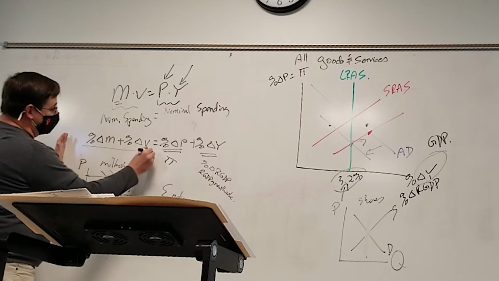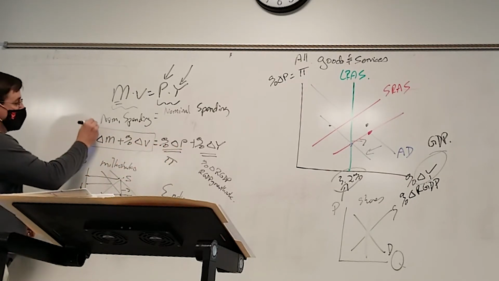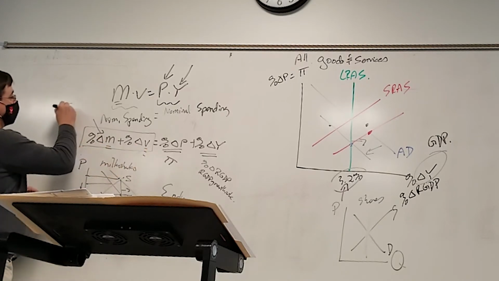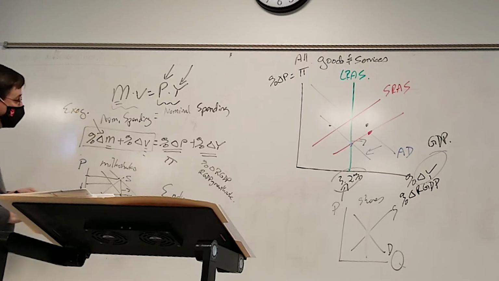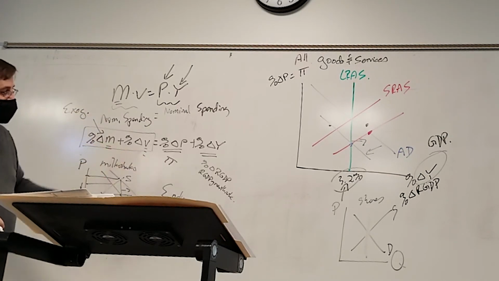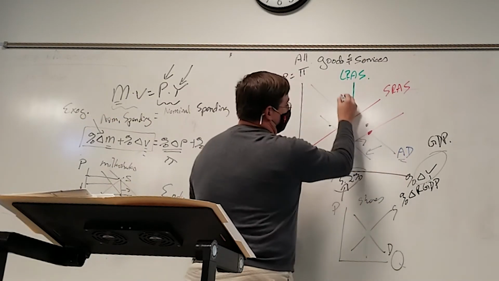But knowing that this is on the left-hand side of this equation, we can say that a change in the quantity of money or a change in velocity, these are the exogenous variables. And if there is a change in the amount of money or a change in the velocity of money, that will cause the aggregate demand curve to shift.